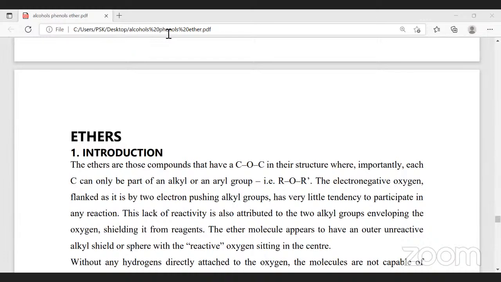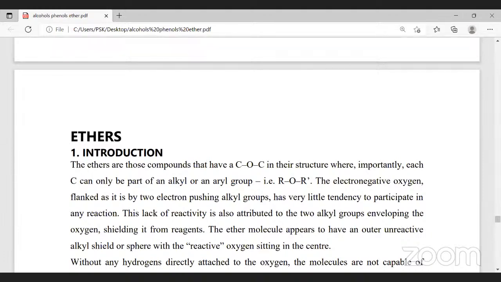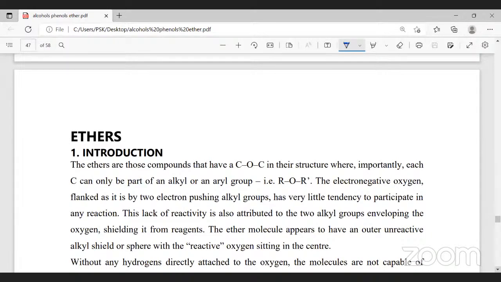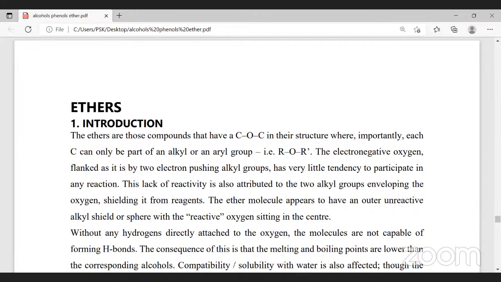Okay, sir. The last part of the topic in this chapter, alcohols, phenols, and ethers, we have to learn something called ethers. We learned in detail alcohols and phenols, preparation, chemical properties, physical properties, and a lot of MCQs also. Maybe today and on Friday we should finish this chapter.